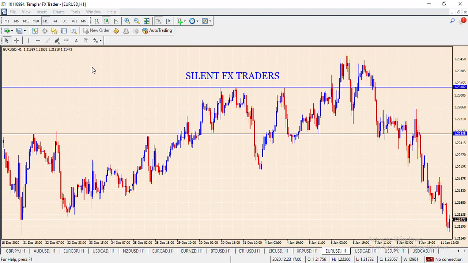Now, in the formation of sellers exhausting in the market, that means the buyers are going to take control of the market. When we are at the support level, think of buying only. When we are at the resistance level, think of selling only. Now, let's continue.